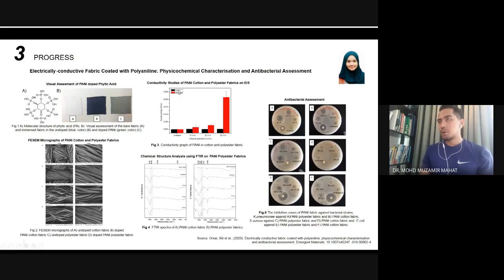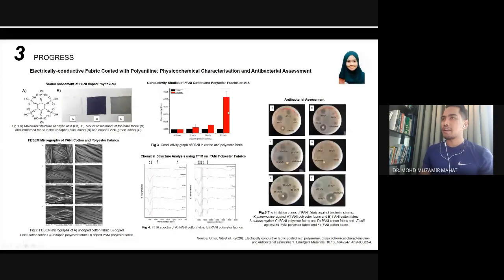We explored two types of cotton and polyester, red and green. Green pula. Red and black. Black is cotton, polyester is red.